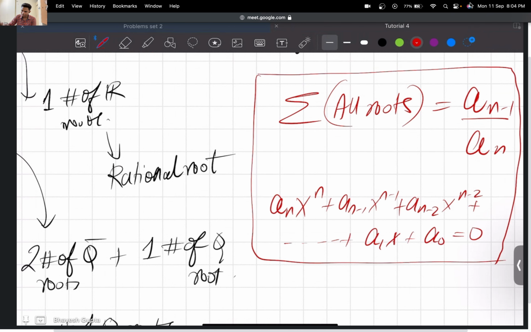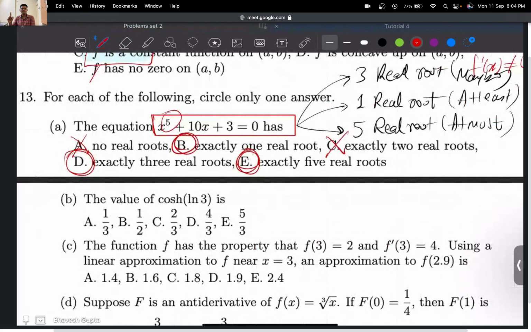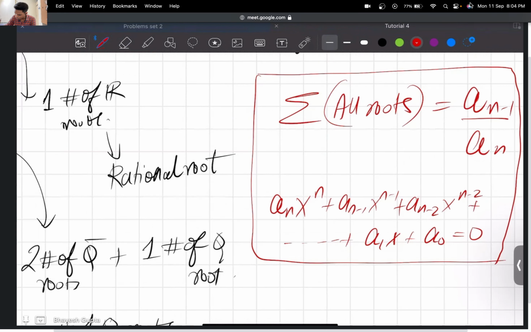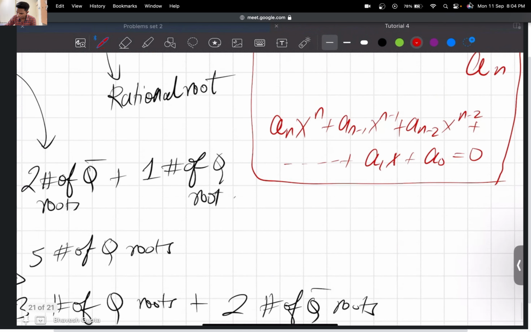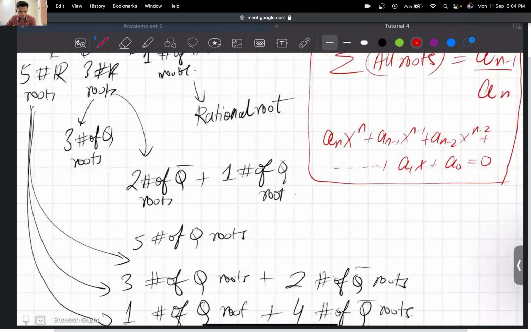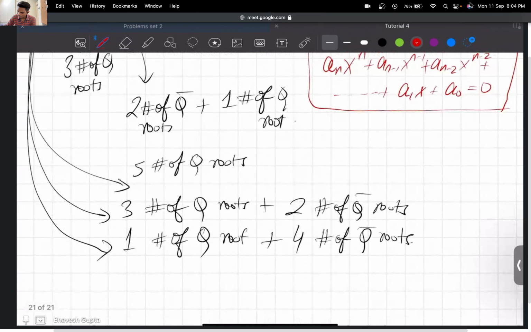Now you can see in the question, a sub n minus 1 is 0, right? And the coefficient of x to the power 4 is 0. So what you see here, the sum of all roots is 0. Maybe you can use this as an idea to further figure it out.